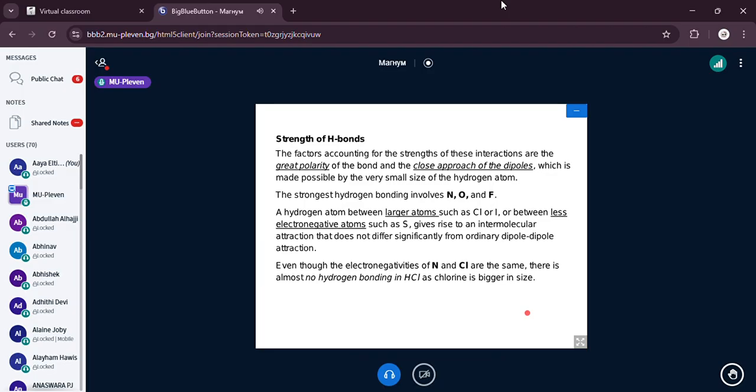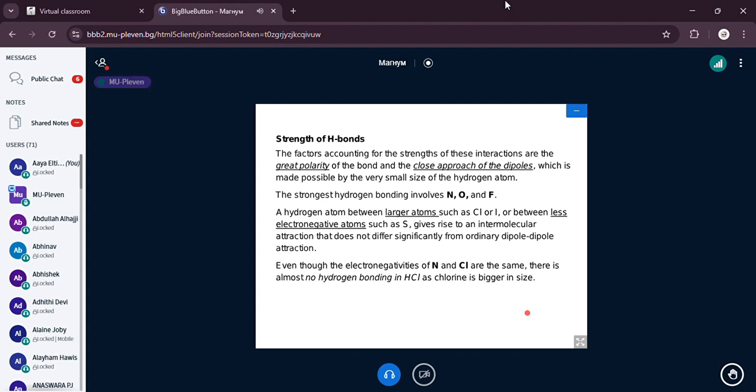But if we try to show or to detect hydrogen bonding in which electronegative atoms such as chlorine, iodine, sulfur are involved, in these cases we can regard such bonding between molecules having these atoms like dipole-dipole interactions, but not bonding.